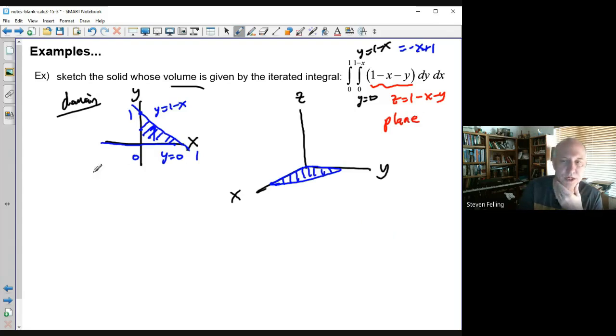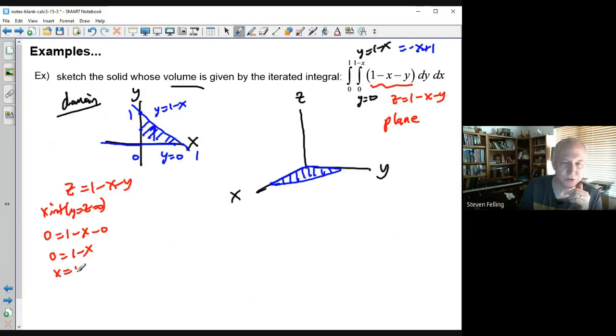So one way to graph a plane, z equals 1 minus x minus y, is just to use intercepts, right? So the x-intercept would be when y and z are 0. So if I put 0 in here and 0 in here, I'm going to get 0 equals 1 minus x, or x equals 1. So there's that.